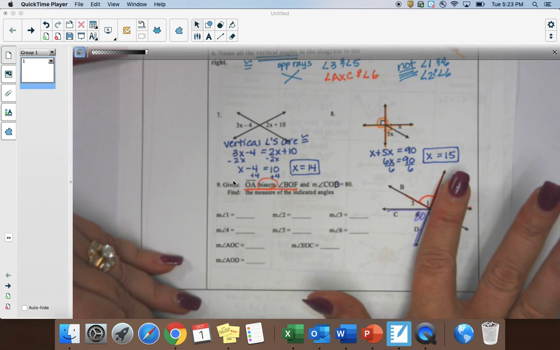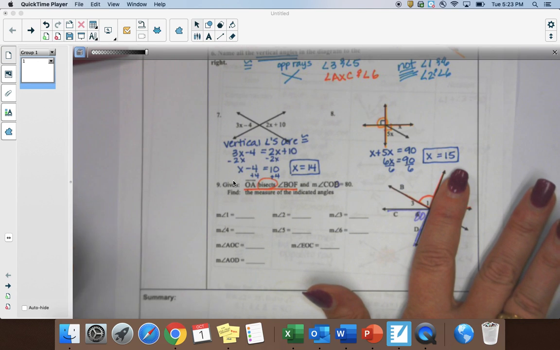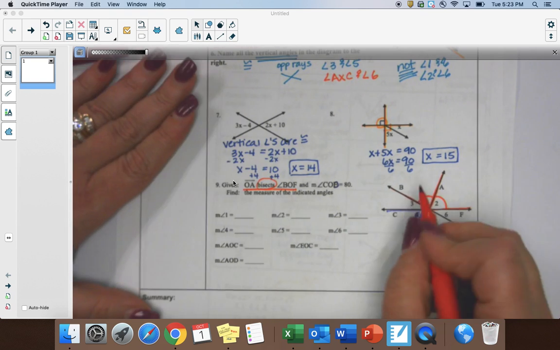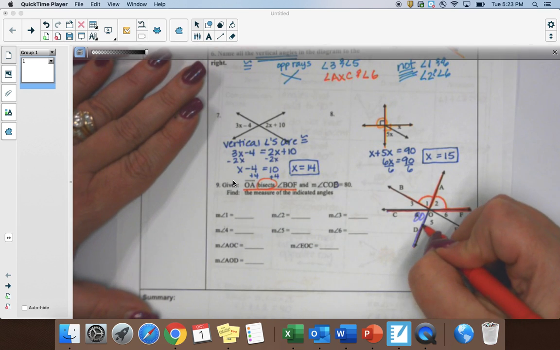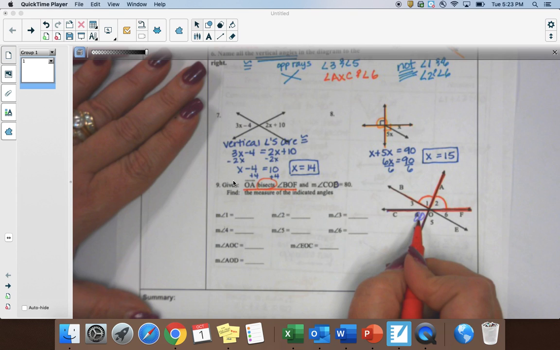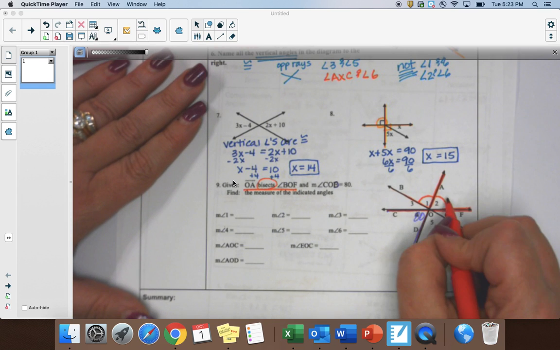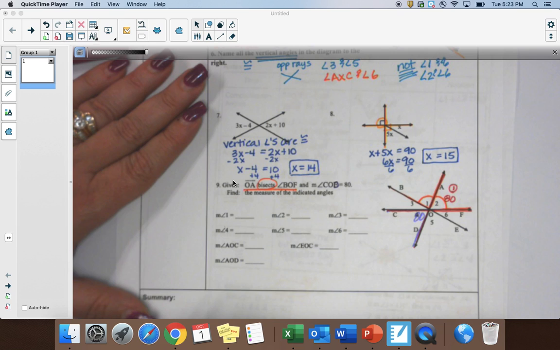Those 3 angles form a straight line too, and all the angles that form a straight line add up to 180. But what we mainly want to use is this pair of opposite rays, which is angle 4 and angle 2. So that tells me that angle 2 is 80. This is the first thing that I did: I found that that was 80.